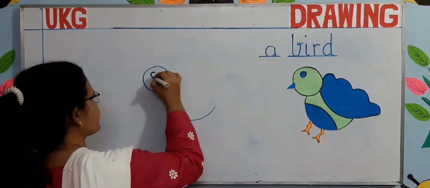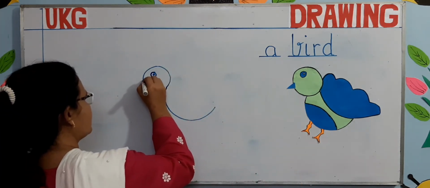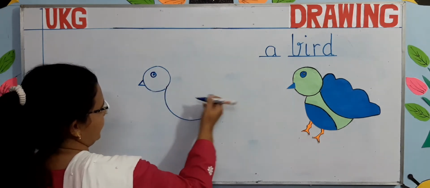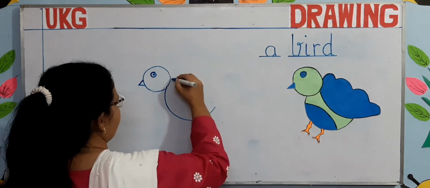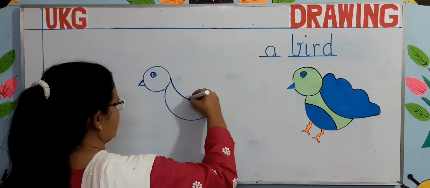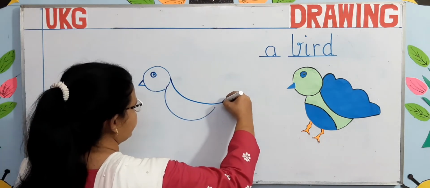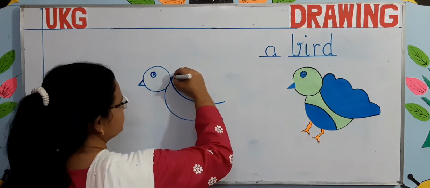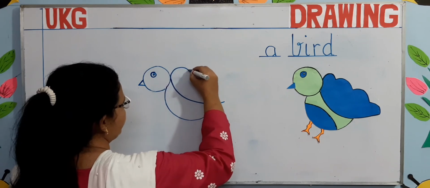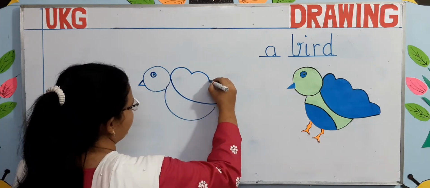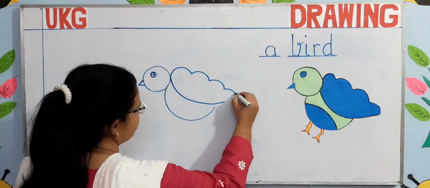Now you need to draw its eye, its beak and then its wing. Draw a curved line like this and then the upper part of its wing in curved lines.